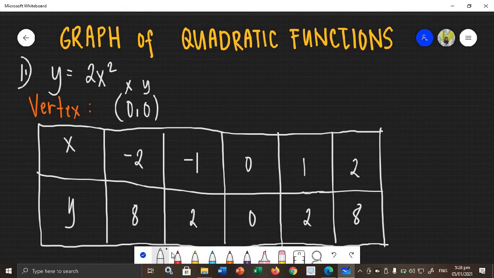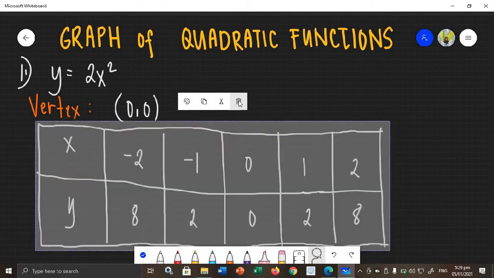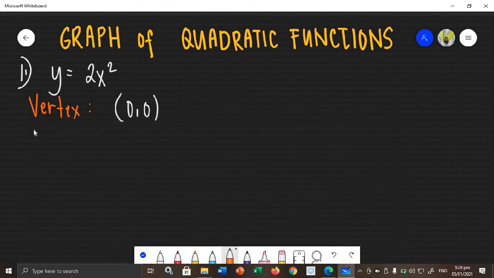If we will be writing this table into ordered pairs, kukunin nyo lang yung value niya and then isulat nyo siya like this, ordered pair. So, kanina we have yung una natin, -2 and then 8.